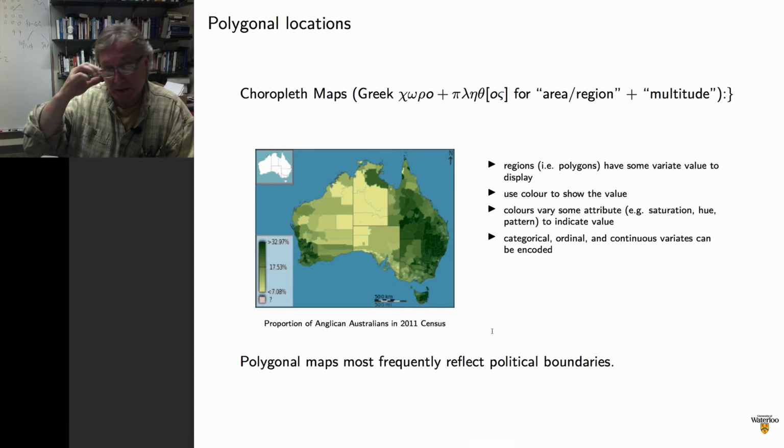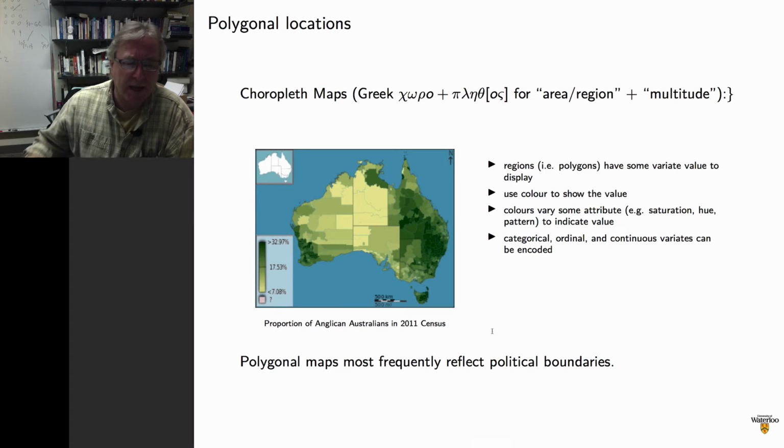So this is a particular Protestant group, originally from England, Church of England, so it's Anglican, Christian faith, and just looking at where there's low proportions of Anglicans and higher proportions on the coasts here. And again, this is the proportion of that population, so we're getting some sense of what that region is like.